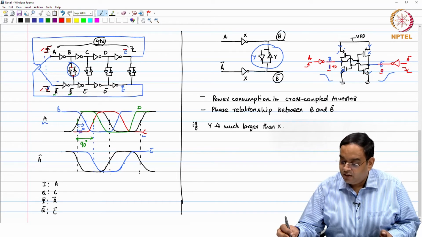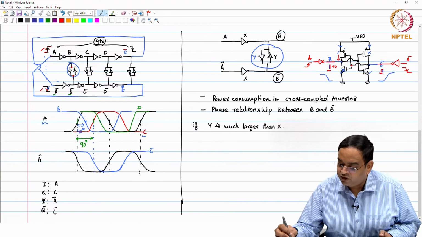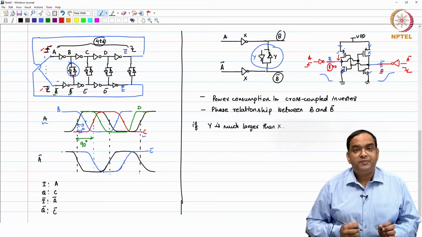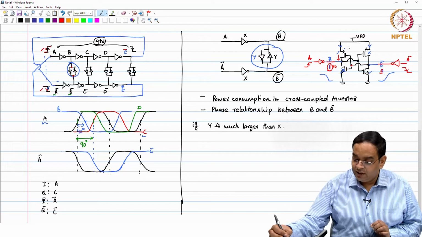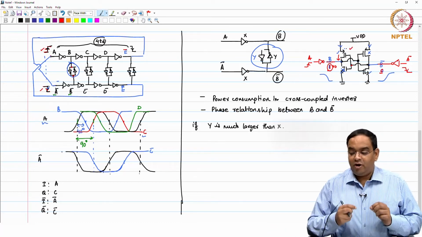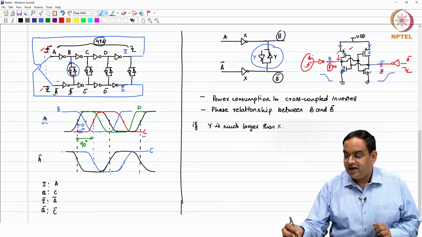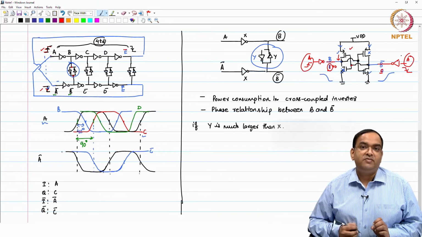But before it can go from 1 to 0, the other inverter whose output was initially 0 is trying to enforce this voltage as 1 itself. So, this cross coupled inverter is trying to oppose the transitions which are initiated by signals A and A bar.